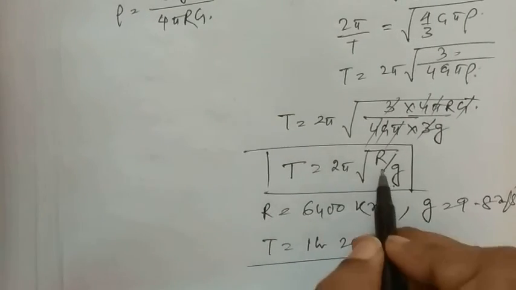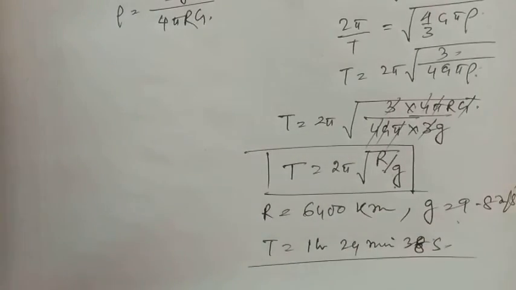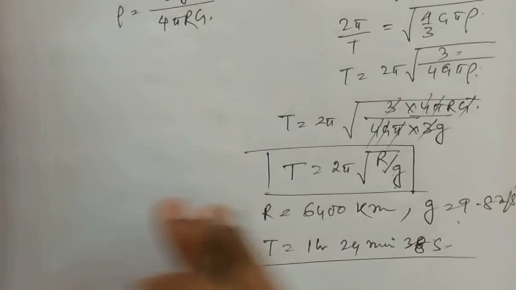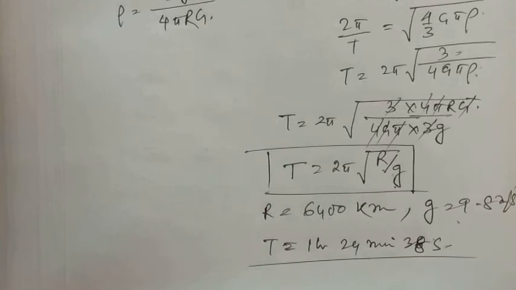Just by replacing the values of R and g into this equation and converting the seconds into minutes, we find that the time period for such a particle will be 1 hour 24 minutes and 38 seconds.